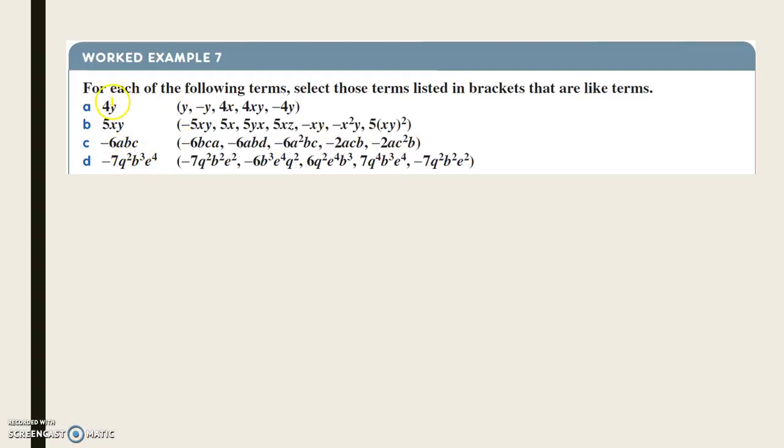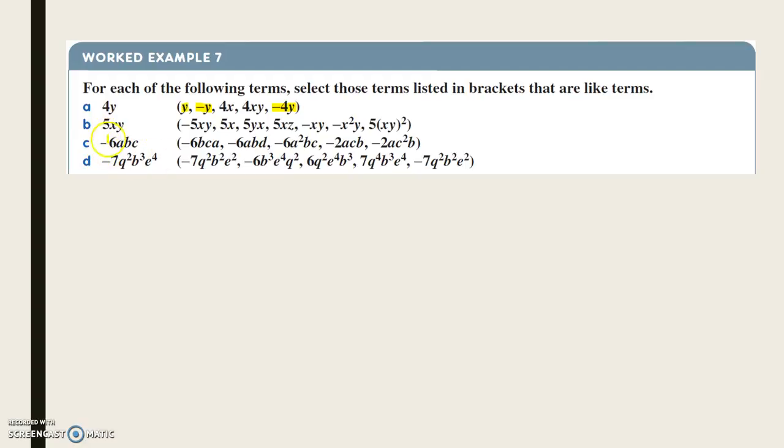So it's things with y in it and only y. So that there is the same. That's 4y, that's 1 lot of y. This one here is negative 1 lot of y. That's got x's, this has got 4 x's and y's. So they're different. This one's negative 4 lots of y. So those three are like terms for 4y.